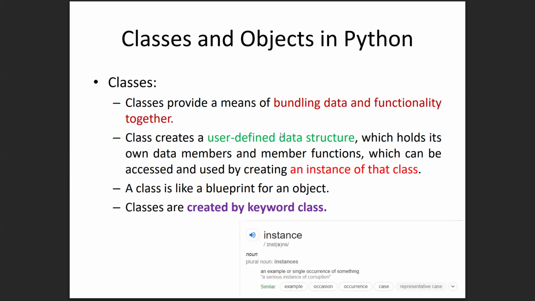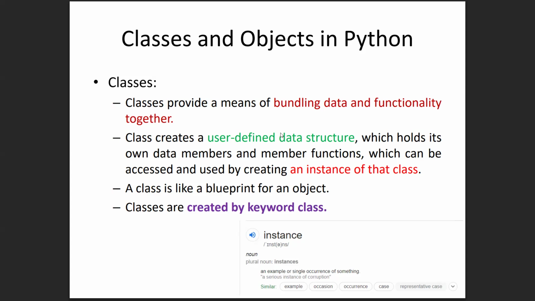Those required things are the blueprint for the duster. With the help of that blueprint, we can create as many dusters as possible. Similarly, a class is a blueprint for an object, and by using this class we can create as many objects as possible.